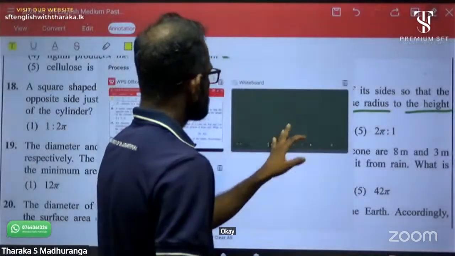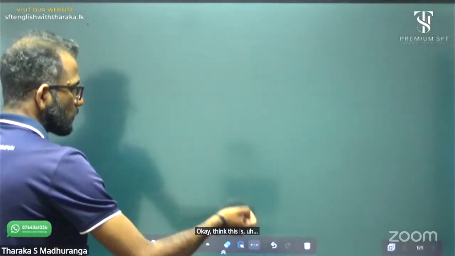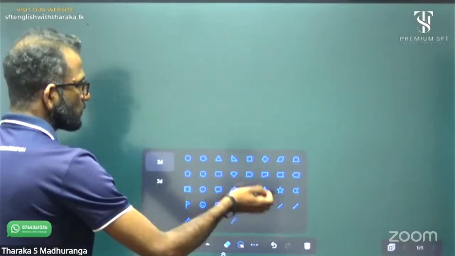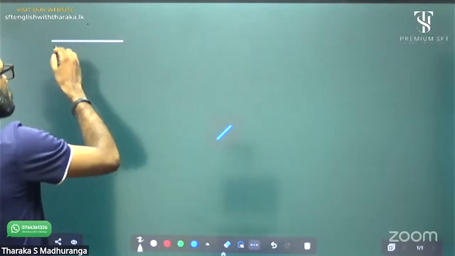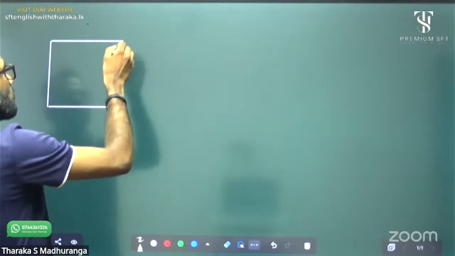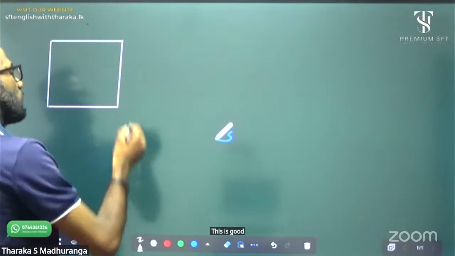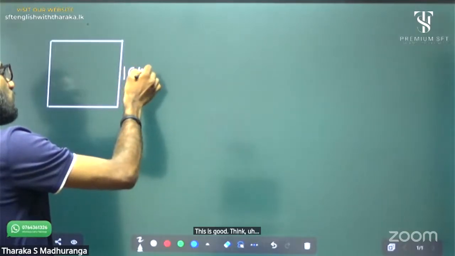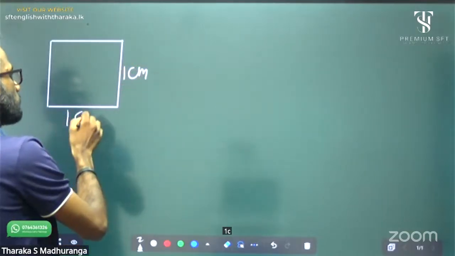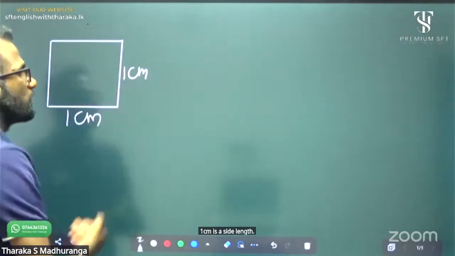Okay, think this is a square. Think 1 centimeter is the side length. We don't know, think 1 centimeter.